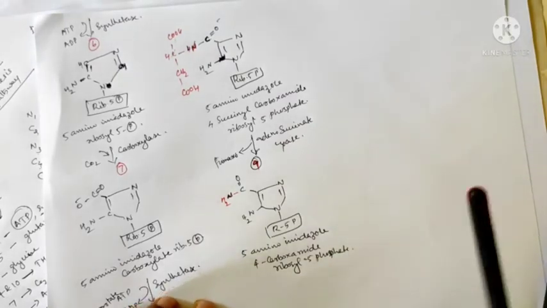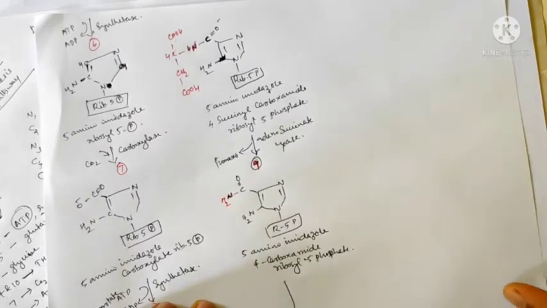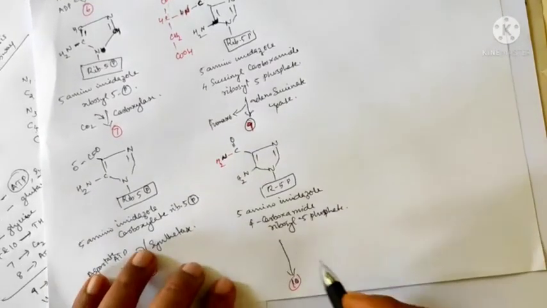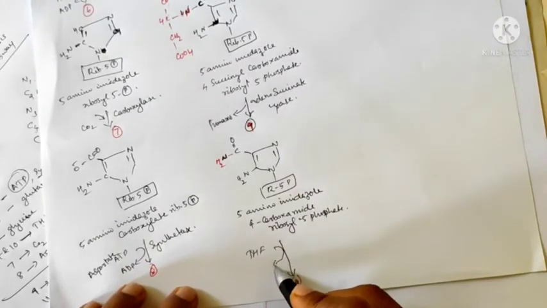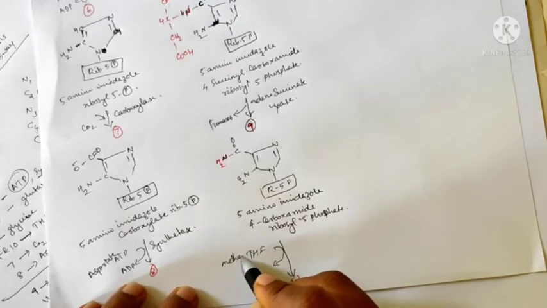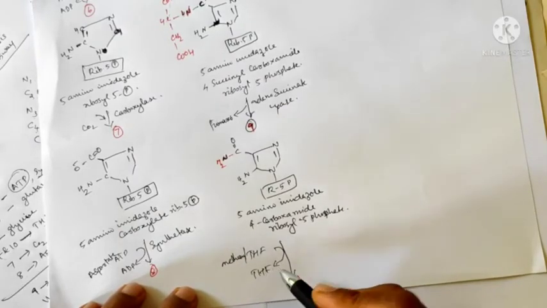Okay, then coming to the 10th step. The 10th step requires tetrahydrofolate, THF, methenyl tetrahydrofolate is converted into tetrahydrofolate.